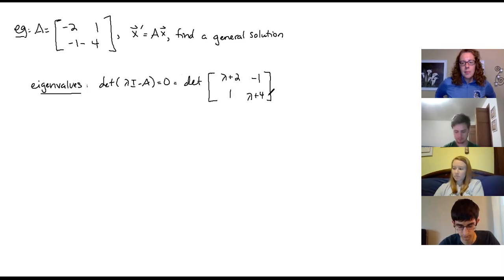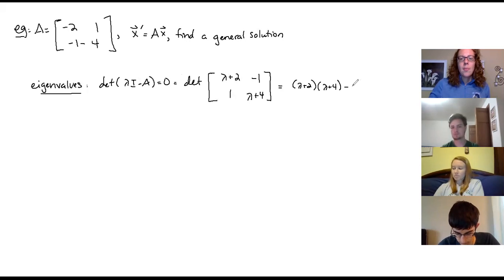That's the determinant I'm looking for. So this is going to be lambda plus 2 times lambda plus 4 minus -1. If you do the simplification, I get lambda equals -3 and -3. So those are my eigenvalues.